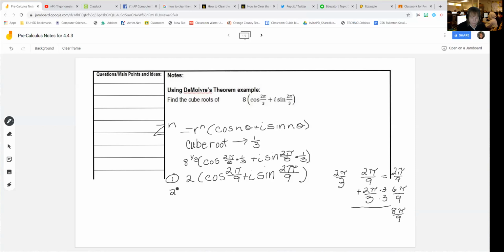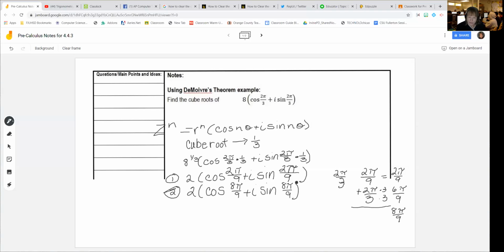My second cube root is going to be 2 cosine 8 pi over 9 plus i sine 8 pi over 9.